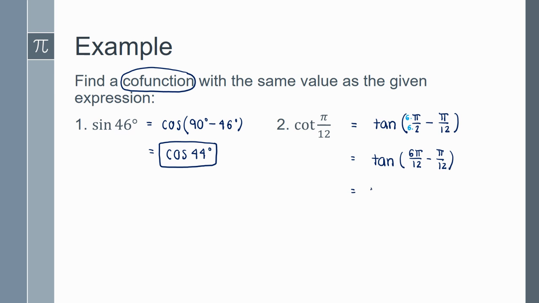Now that you have the same denominator, you keep that denominator and subtract the numerators. 6 pi minus pi would be 5 pi. I put it in parentheses, though you don't necessarily have to, but this would then be my cofunction. Once again, you could prove it to yourself by putting that into your calculator and seeing that you get the same answer.